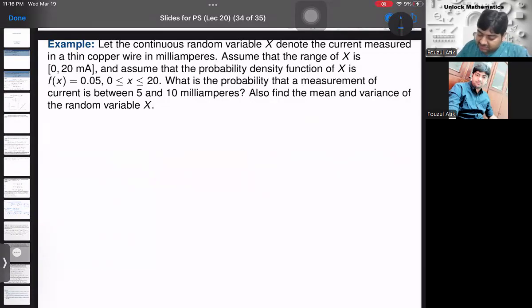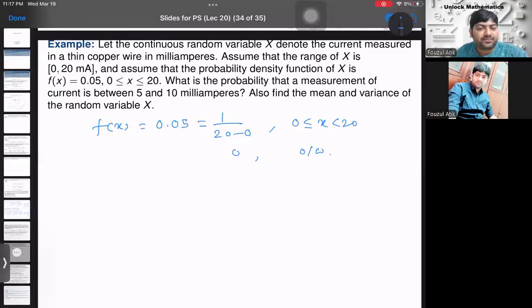Now see, the density function of fx is given as 0.05. Now can't I write that 0.05 is basically 1 by 20 minus 0? So 1 by 20 minus 0, right? 1 by 20 is actually 0.05, for the values where 0 less or equal to x less or equal to 20, and equal to 0 otherwise.